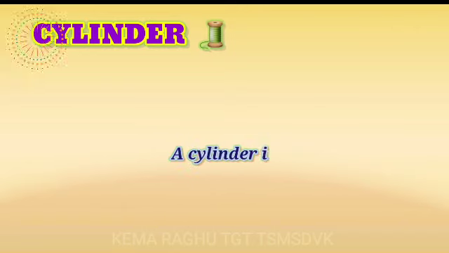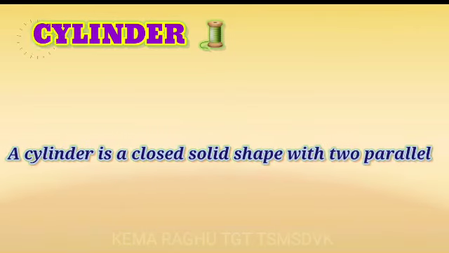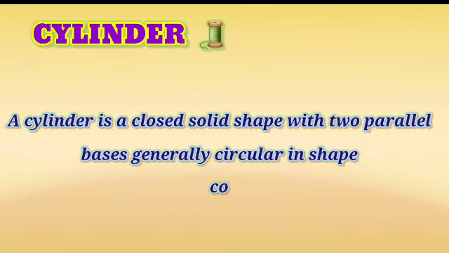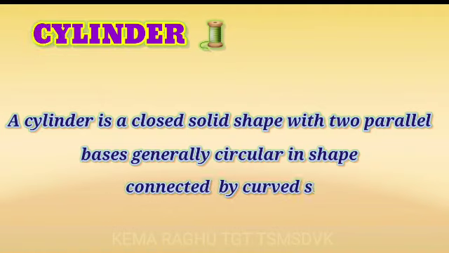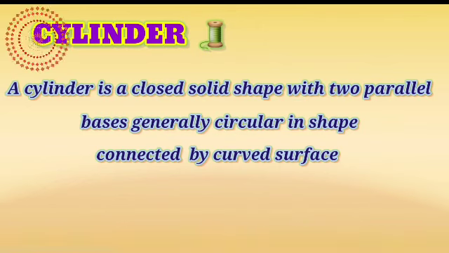A cylinder is a solid closed shape with two parallel bases, generally circular in shape, connected by a curved surface. As you can notice in a drum which is used for drill in your schools.